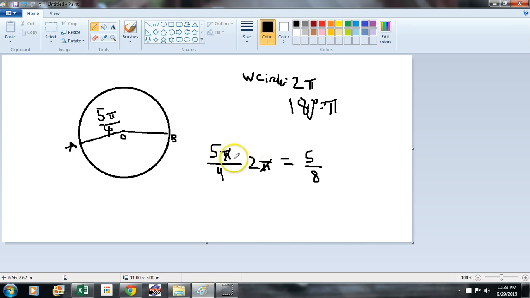So this angle AOB is 5/8 of the circle in radians. So 5/8.